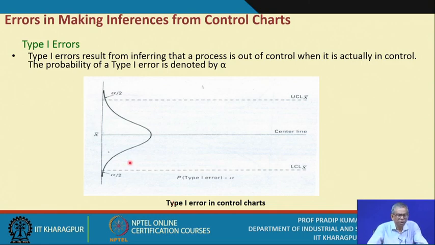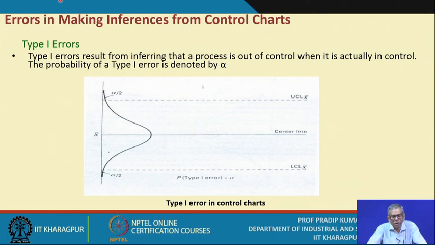The type 1 error means the control chart shows that the process has gone out of control, and it is assumed so. But when you actually verify your process, you may find that the process remains in control. So this is type 1 error.